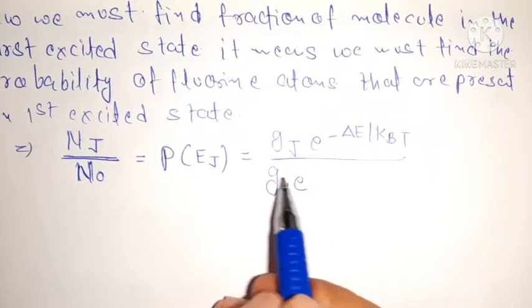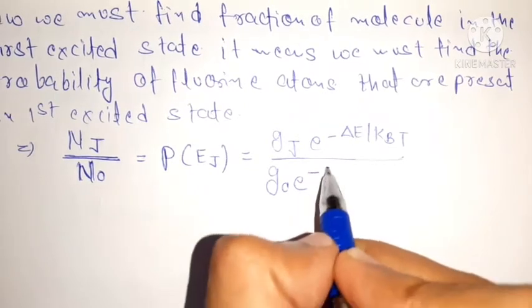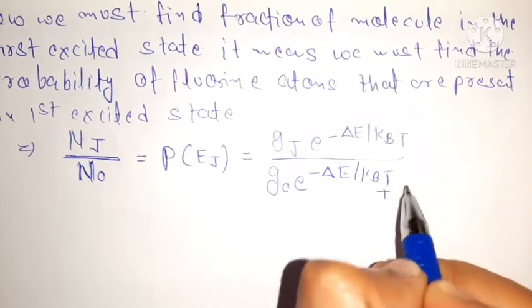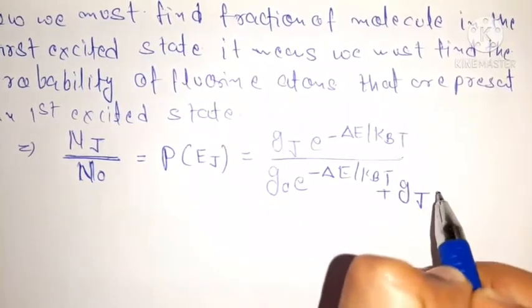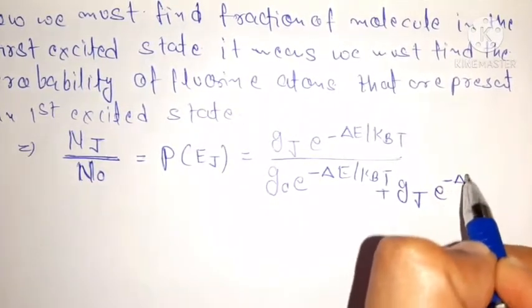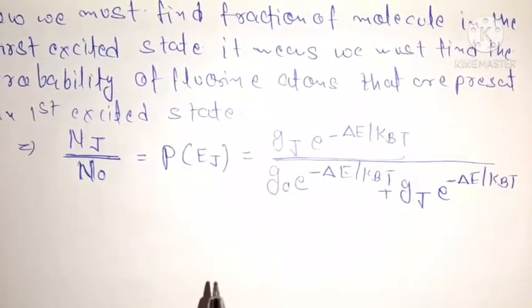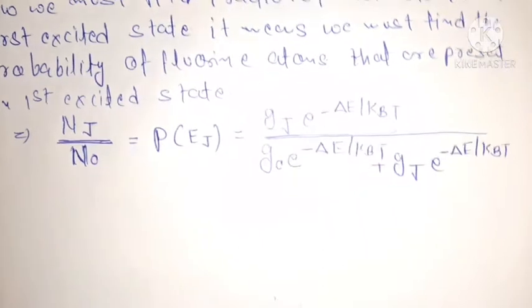So for the ground energy level, this is e to the power minus delta E upon Kb T, plus Gj e to the power minus delta E upon Kb T. Understand? Now we solve it.